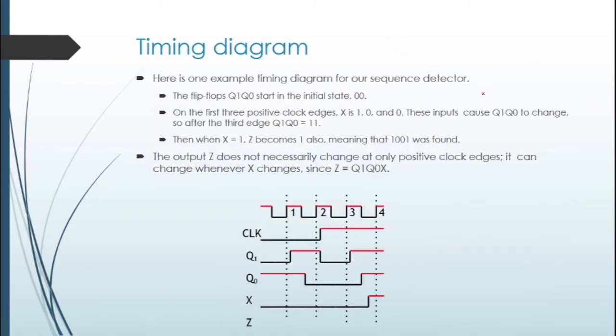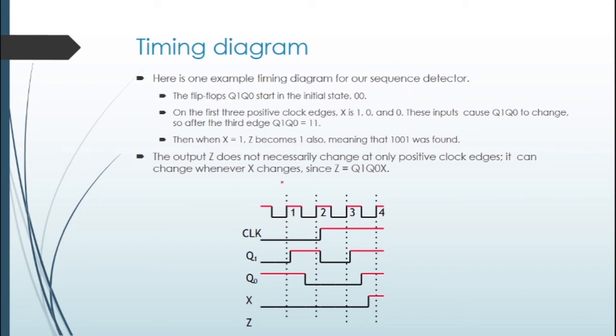So what about the timing diagrams? A timing diagram is basically how we represent the change in the inputs according to the clock cycle. We see the changes are always done on the positive edge of the clock cycle, so those positive edges are important.